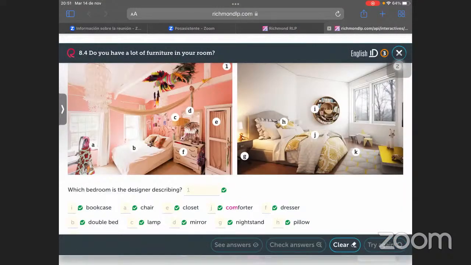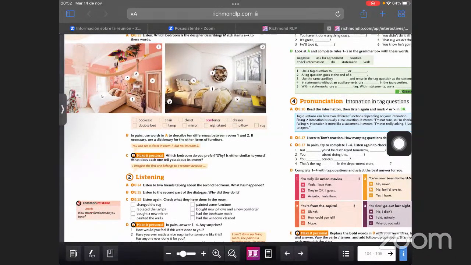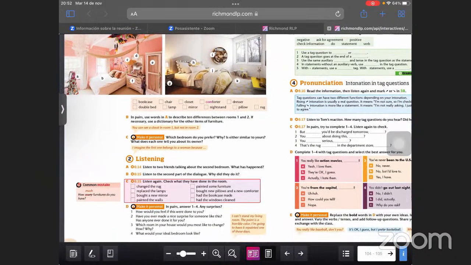Okay, very good. Questions about the vocabulary? I think it's super clear. All right, very good. I'm gonna keep going then.